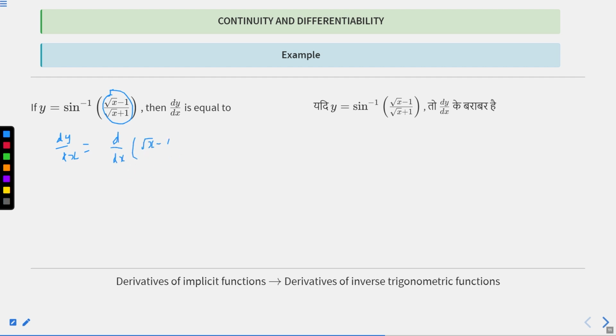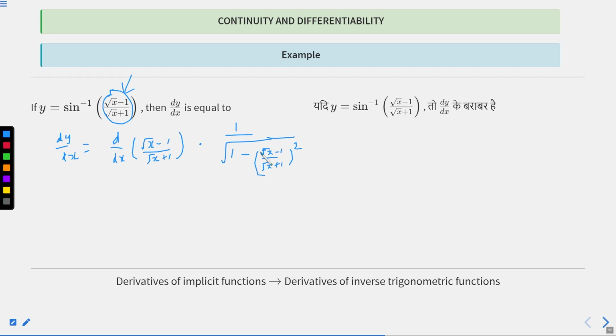Then multiply with the derivative of sine inverse, which is 1 by root of 1 minus x square. What will I use in place of x? This whole term, root of (x minus 1) by (x plus 1), whole square. That's it. You will get your answer.